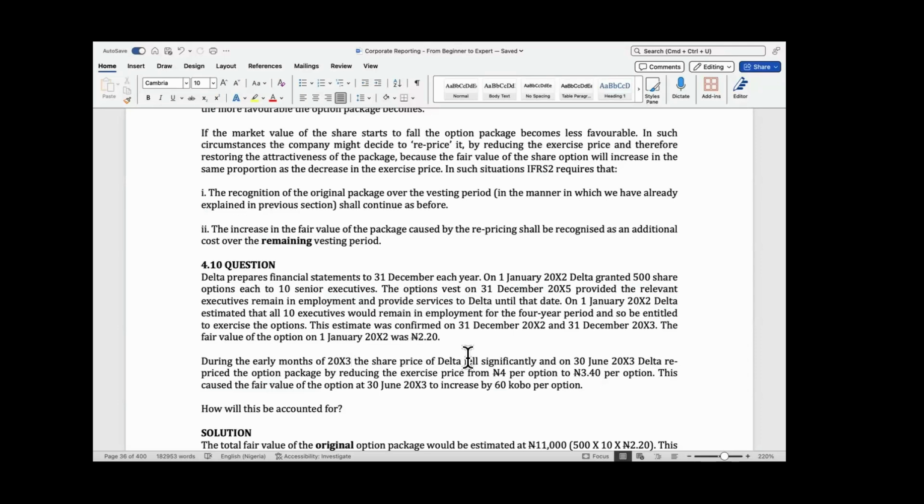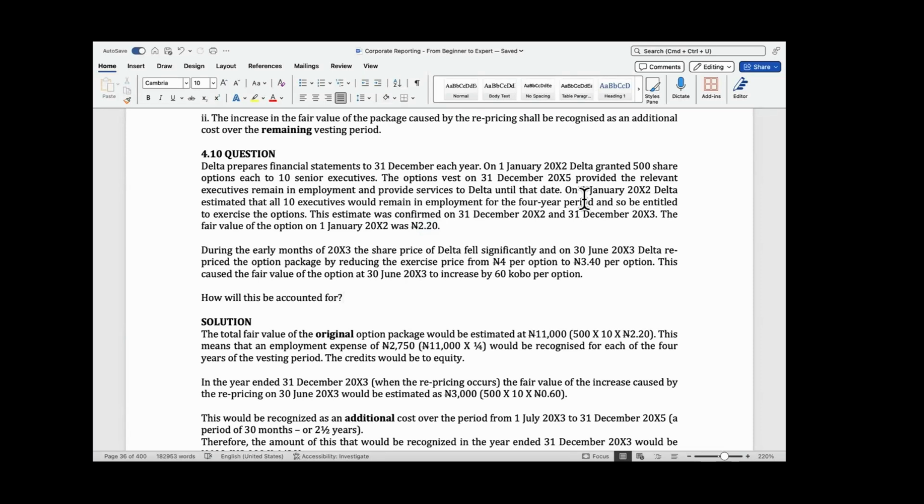And on June, he repriced the option package by reducing the exercise price. That's the rational thing to do. This caused the fair value of the option at 30th June 2003 to increase by 60 kobo.